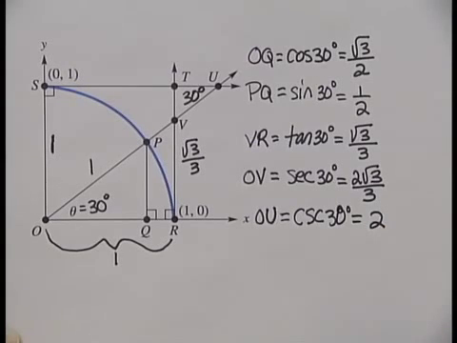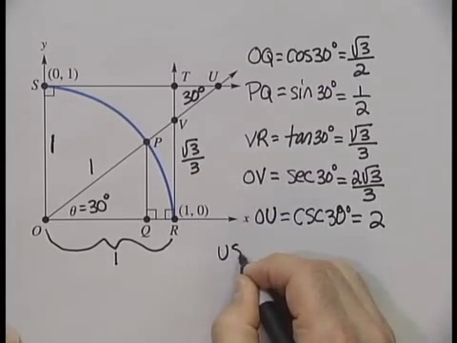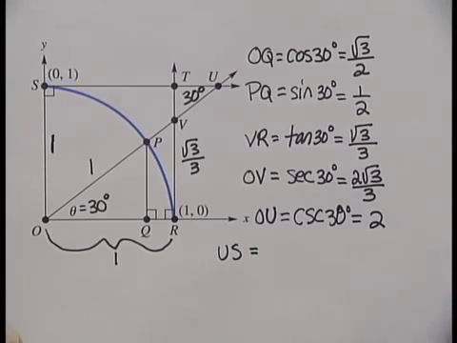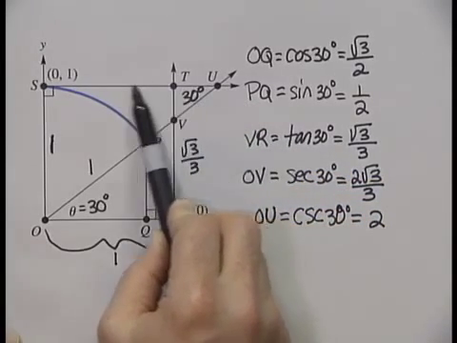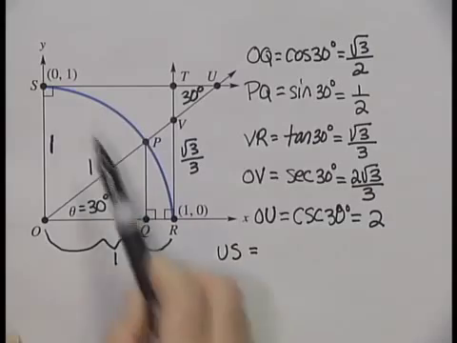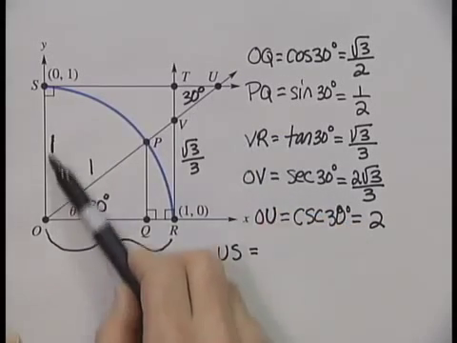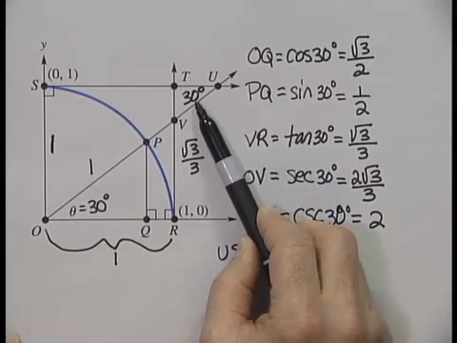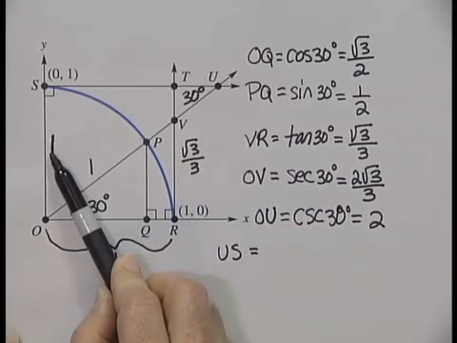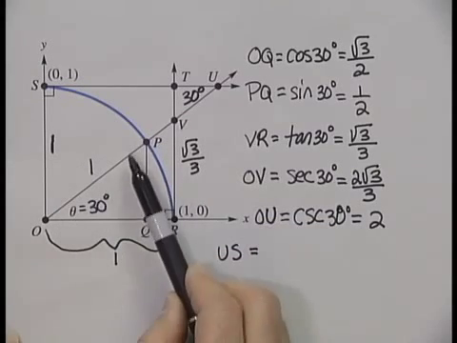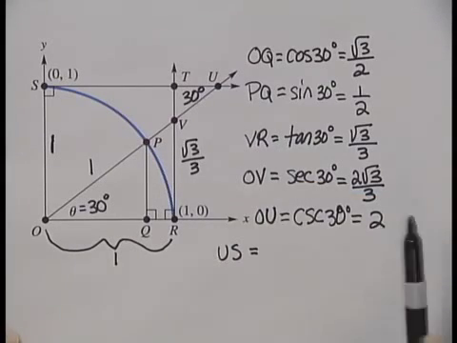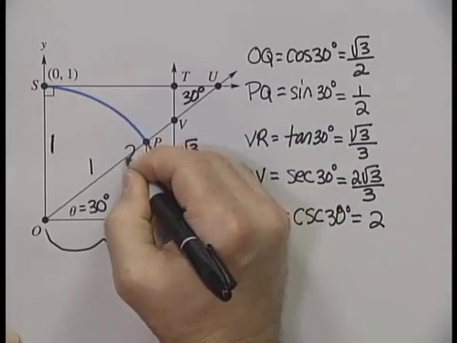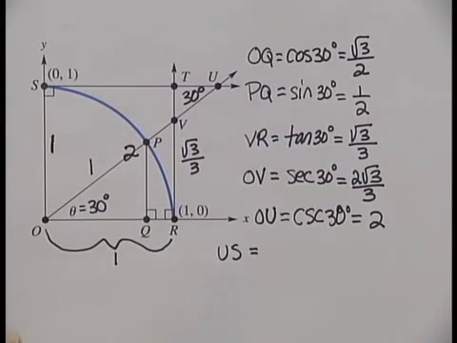And finally, we want to find the length for US, and US is the length from here to there. And that is still part of this larger triangle in which we have the 30-degree angle, and we have the 1, but we also now have the hypotenuse equal to 2. So let me write a 2 here, showing that that length is 2.